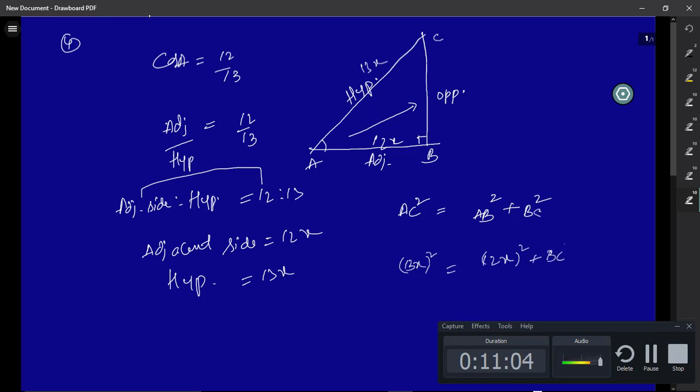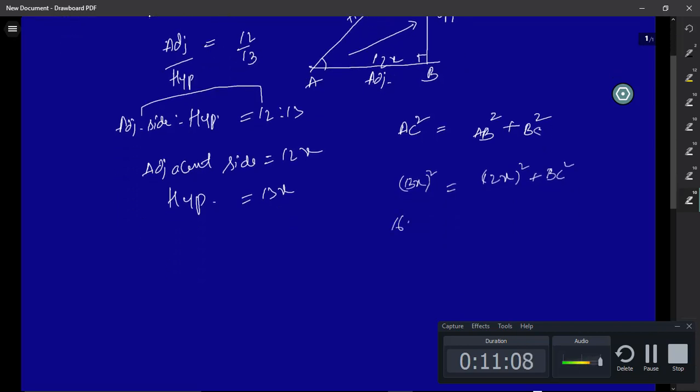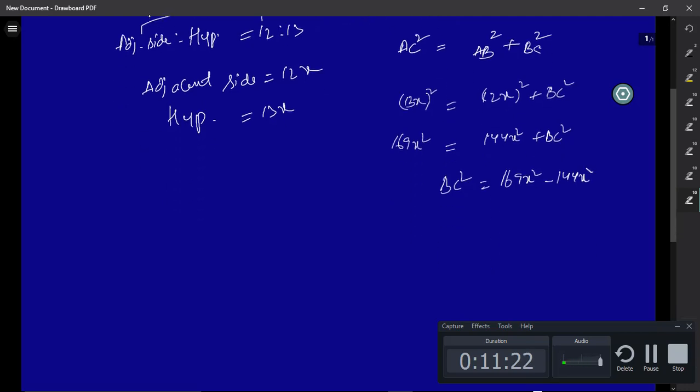BC I don't know, so I'm writing BC as it is. 13 square is 169, 12 square is 144, so BC square should be 169x square minus 144x square, which is 25x square.